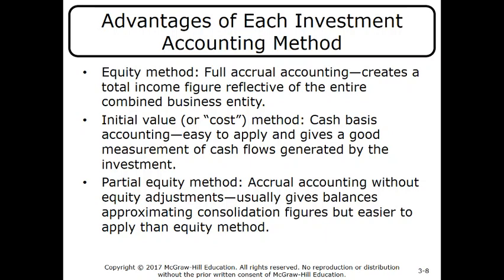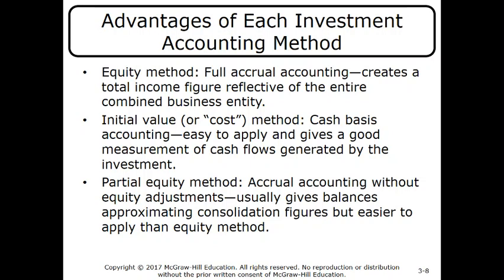The second method is the initial value method or cost method. It simply puts the cost of the investment on the books, and no adjustments are made except for dividends that are declared.